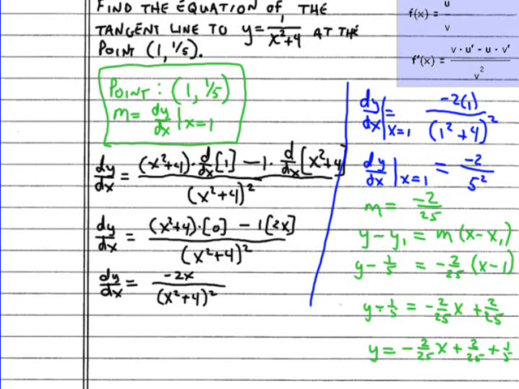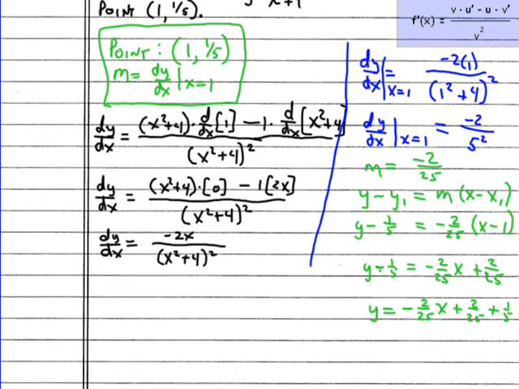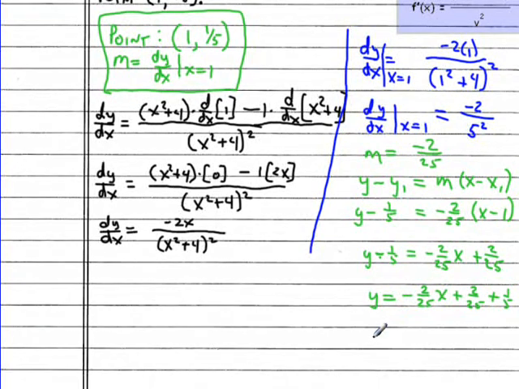And then you can see easily what our result is going to be. The equation of our tangent line is y is equal to negative 2 over 25x plus, let's see, we're going to rewrite this as 5 over 25.